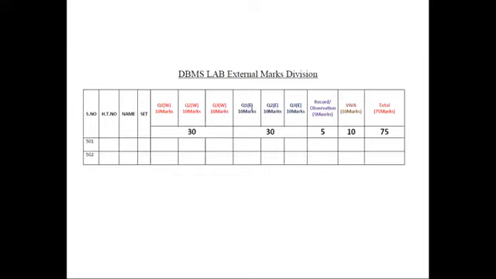If you execute question number 1, you will get 10 marks. Question number 2, again 10 marks. Question number 3, 10 marks. Total 30 marks for written and 30 marks for execution. If you submit the record and observation, you will get 5 marks.